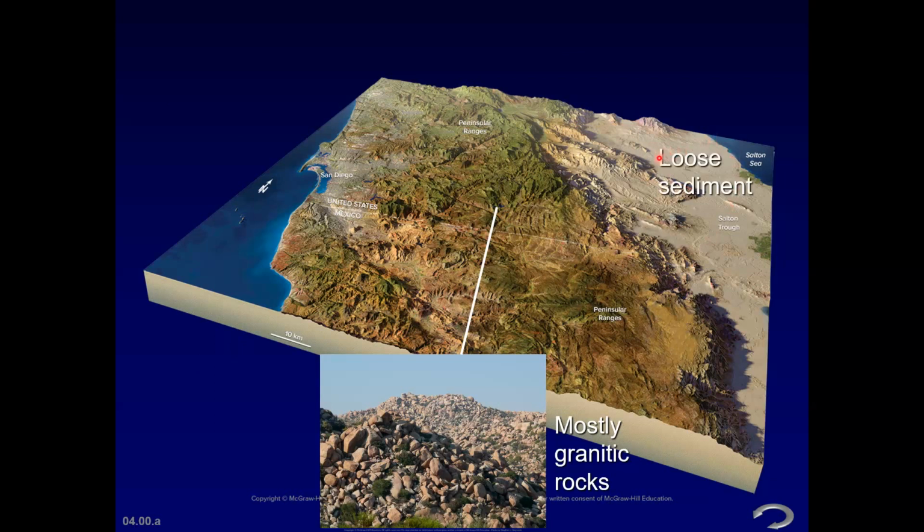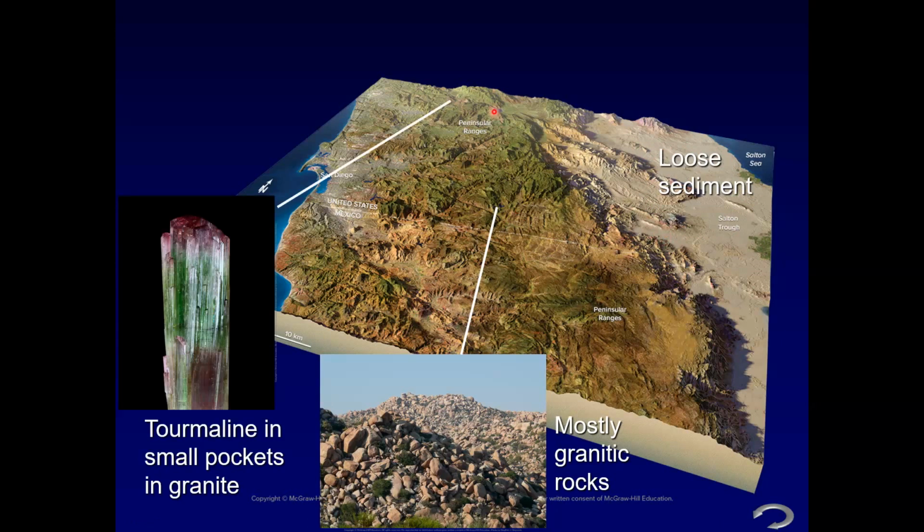Further over, this is loose sediment, not rock that is sitting in place in a mountain. And to the north, you can find beautiful tourmaline within the granite itself, so a mineral within the rock. And rocks are made of one or more types of minerals, and minerals are made of elements.